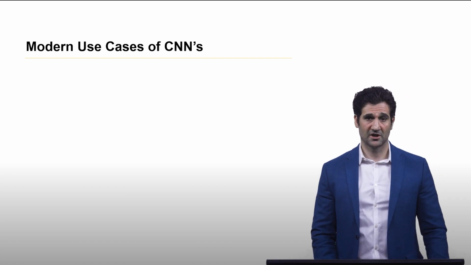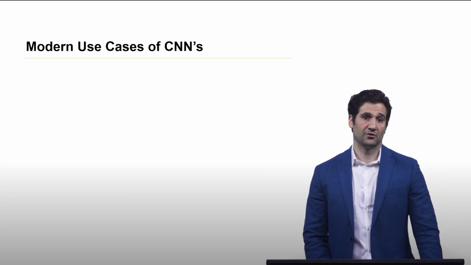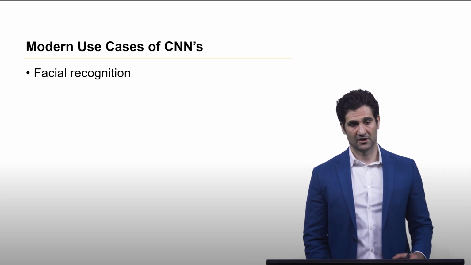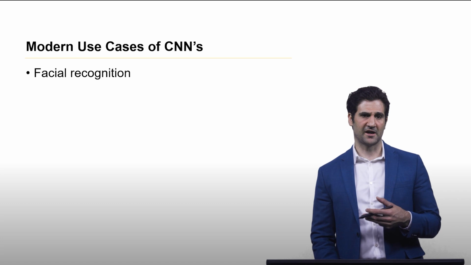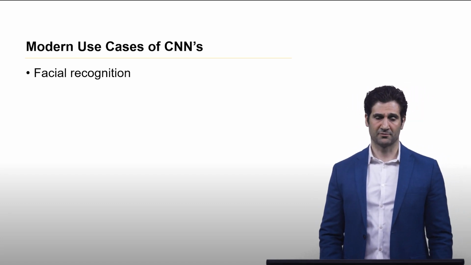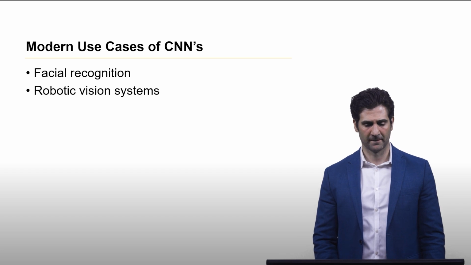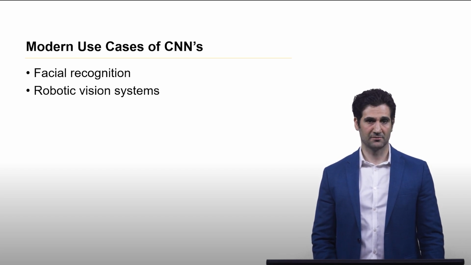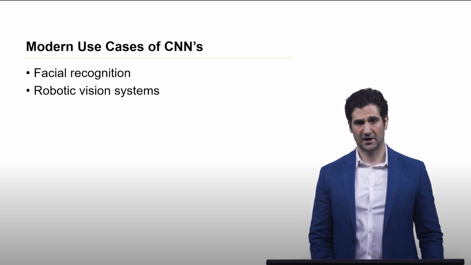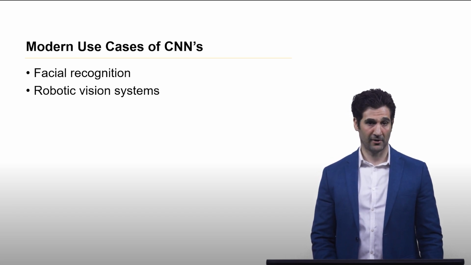So what do these convolutional neural networks get used for nowadays? Well, facial recognition is one: identifying features of a face and comparing it to the historical corpus of pre-identified individuals. Robotic vision systems identify not only people but inanimate objects in a room so the robot can navigate around.